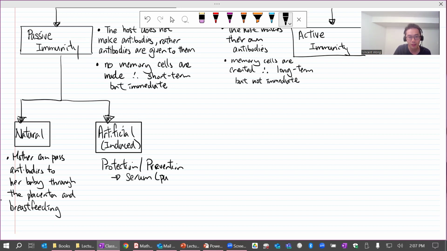Serum is purified antibodies from an immune individual.